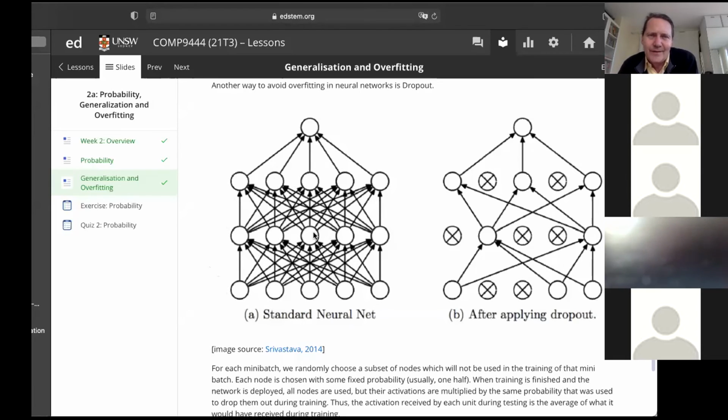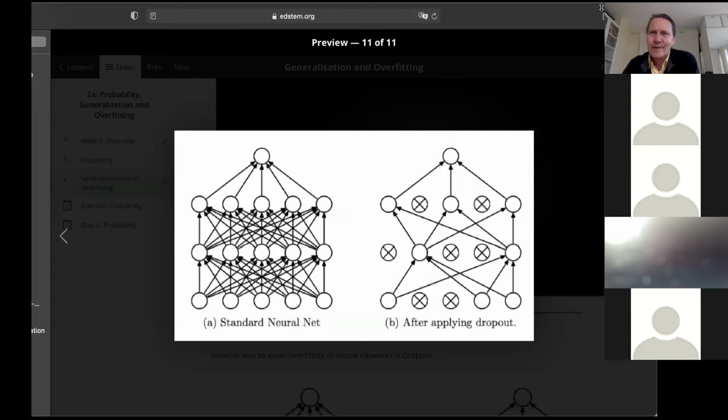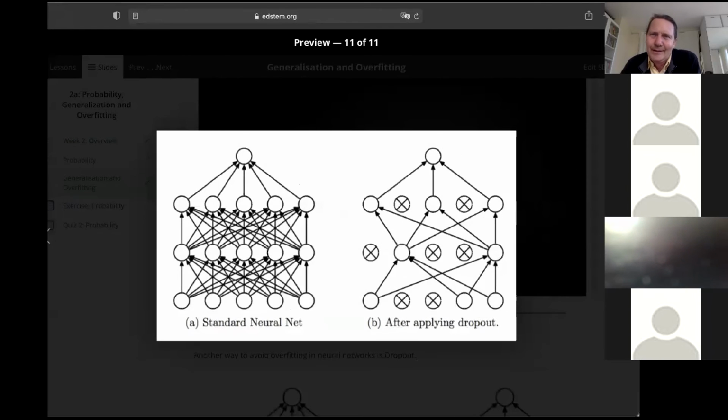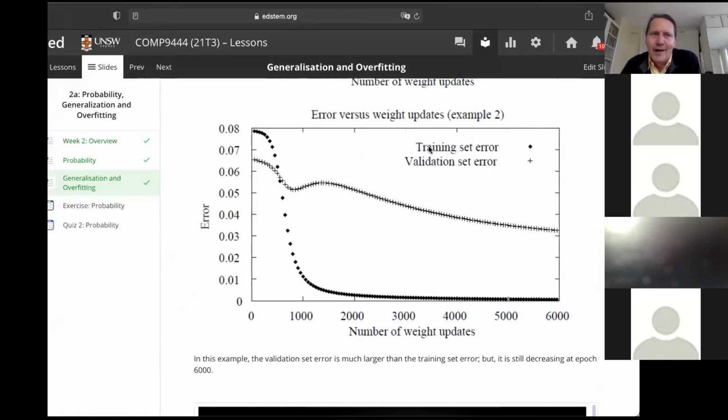So the purpose of the activation function is to give us a little bit of nonlinearity. You have a linear map, then some nonlinearity with the activation function, then another linear map, and then some more nonlinearity. So it's a way of including some nonlinearity into the model, but in a controlled way.